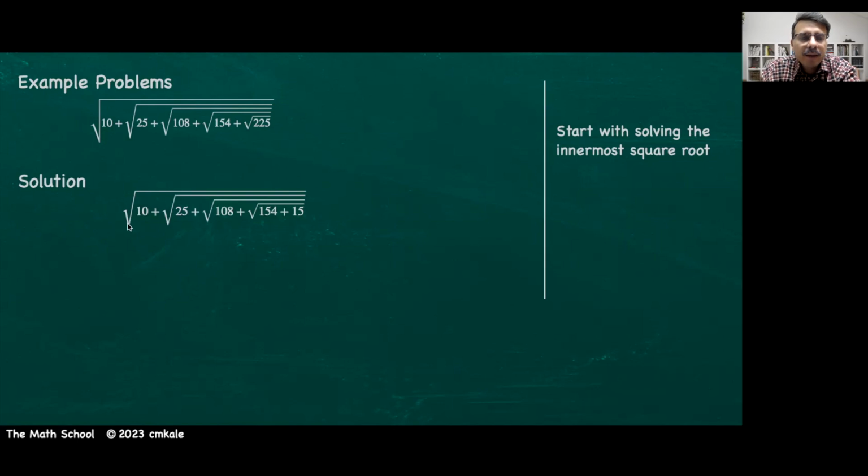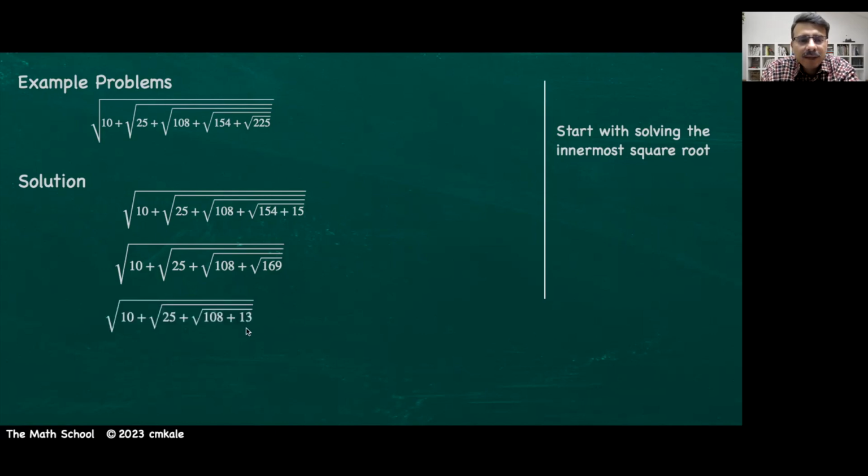So now you will rewrite this expression with 154 plus square root of 225, which evaluates to 15. And now, in a step-by-step way, we keep solving the innermost square root and go outward. So 154 plus 15 solves to 169. Again, 169 is 13 square.